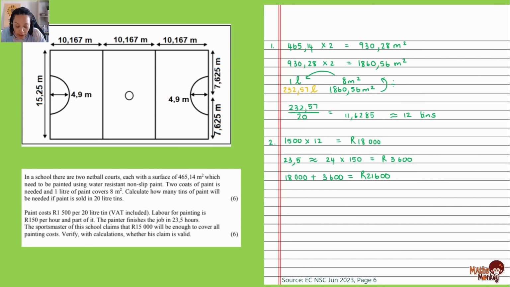Verify with calculations whether his claim is valid. So his claim is invalid. And that is your calculation for the second one. All right. And that is your section on surface area and painting.